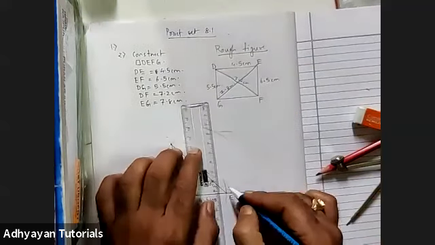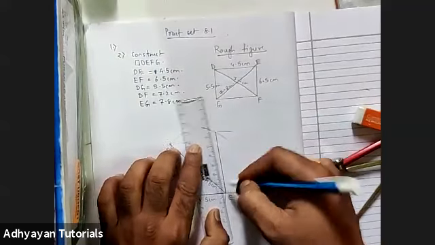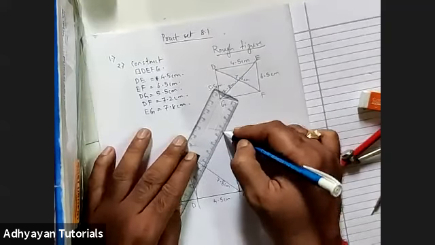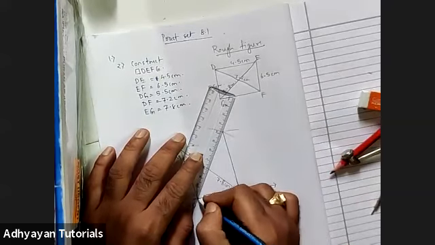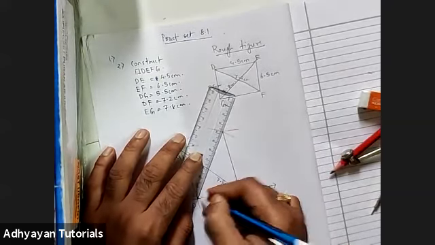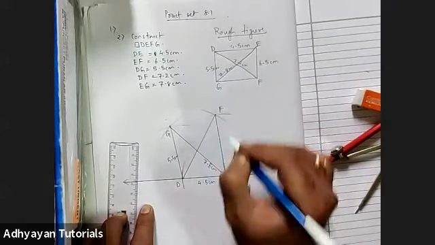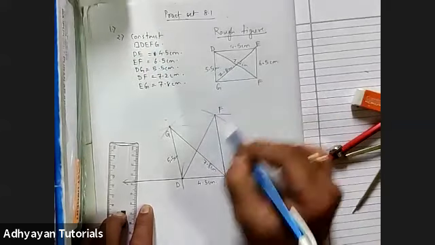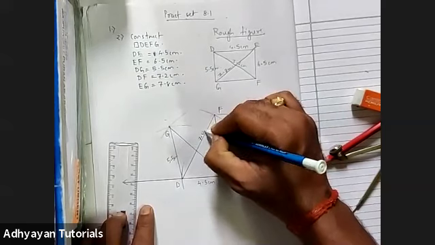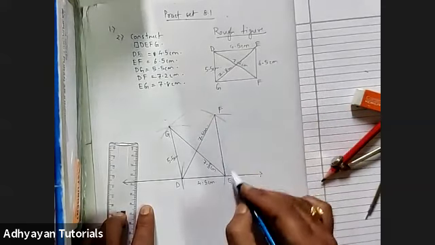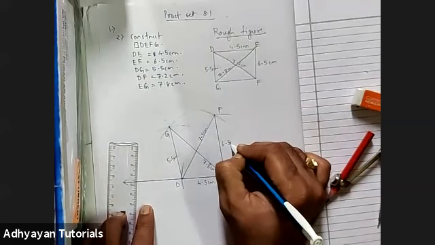Okay, so I will be just connecting E to this point right here and this point to D right here. So this is the point which is nothing but F. And we all know DF was 7.2, and EF is nothing but 6.5 centimeter.